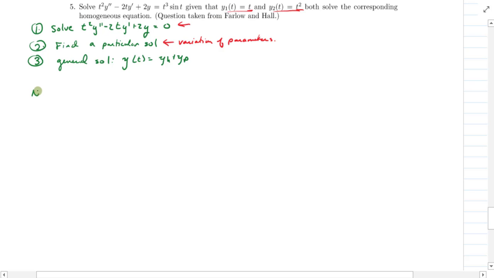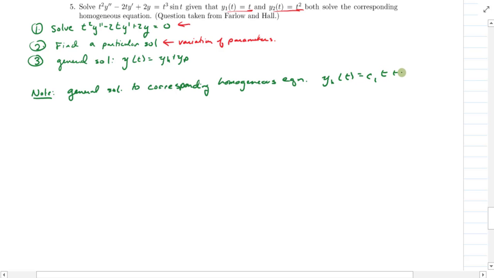Okay, let's go ahead and first note that the general solution to the corresponding homogeneous equation is y_h of t equals c1 t plus c2 t squared.